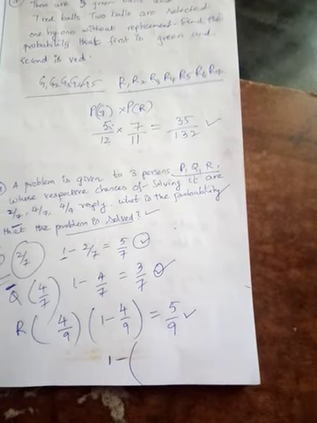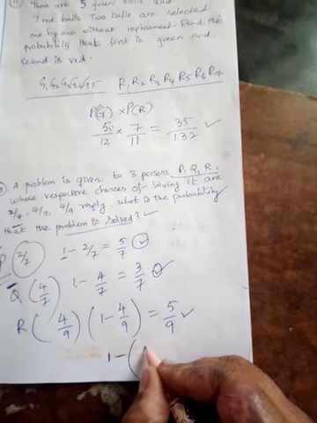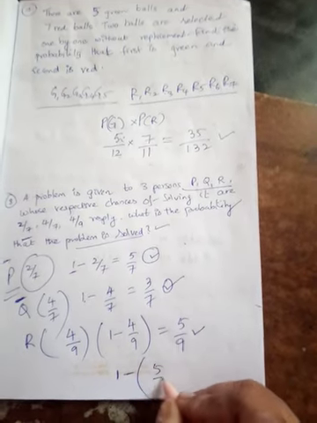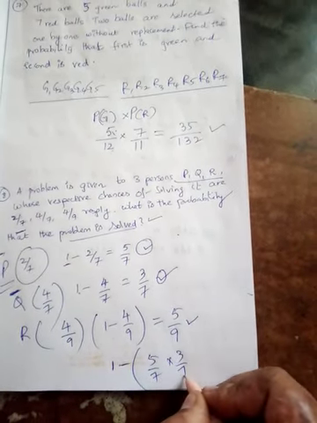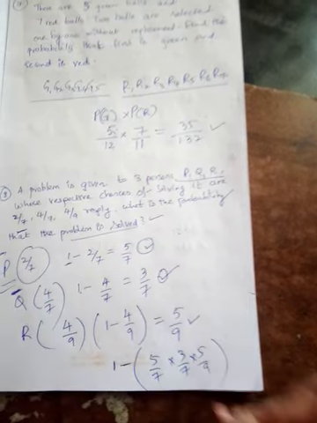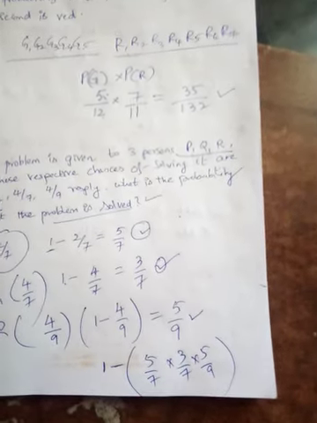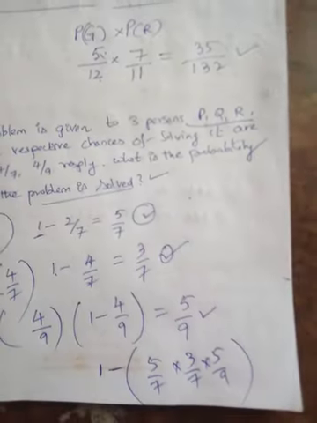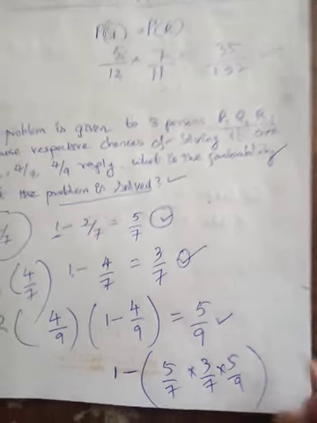If I remove that, I am going to get the solution, that is 1 minus 5 by 7 into 3 by 7 into 5 by 9. I think you all know how to solve this.